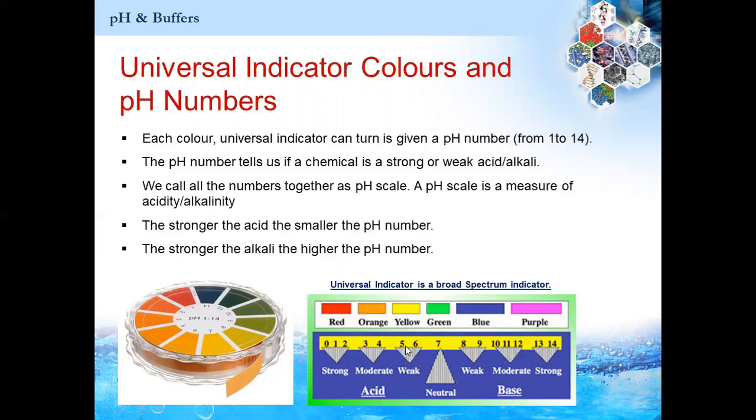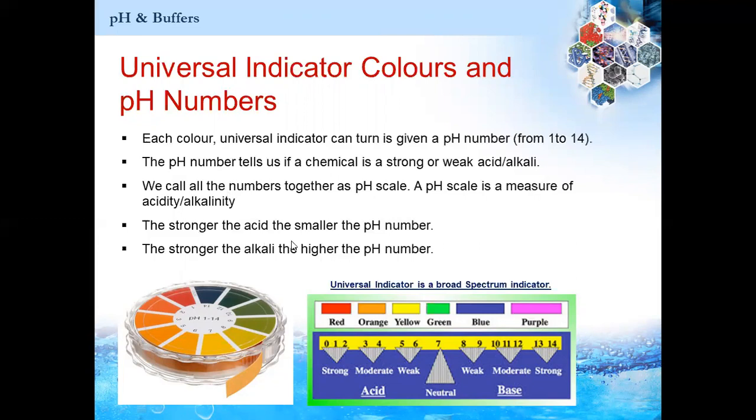And a pH of 5 to 6 is seen if the universal indicator shows yellow color. That means the solution is a weak acid. Similarly, if the universal indicator shows green color, the sample added to it is said to be neutral. So the pH number tells us whether the chemical is a strong or a weak acid or alkali.